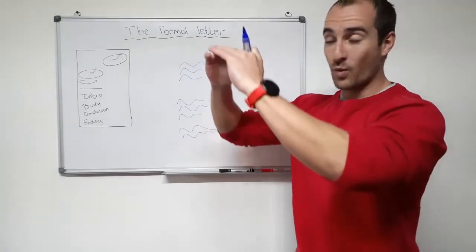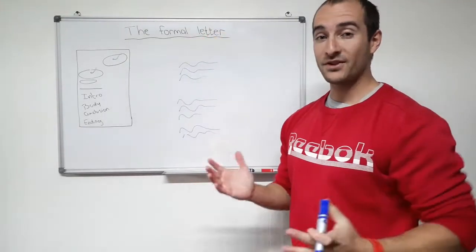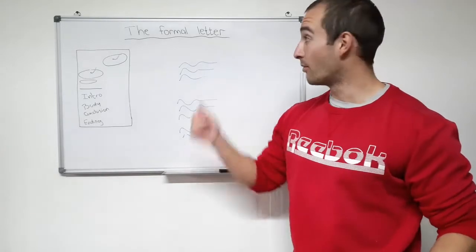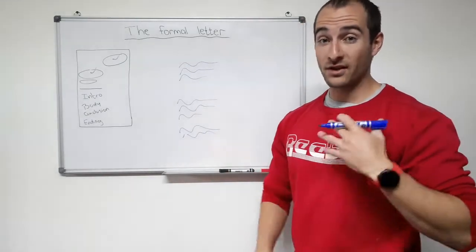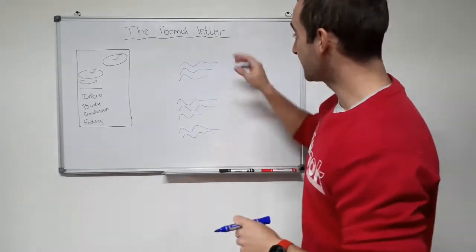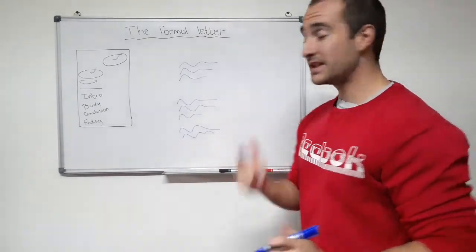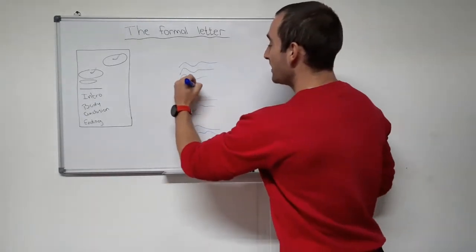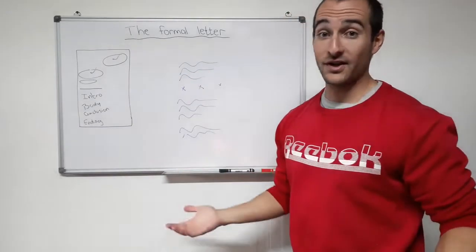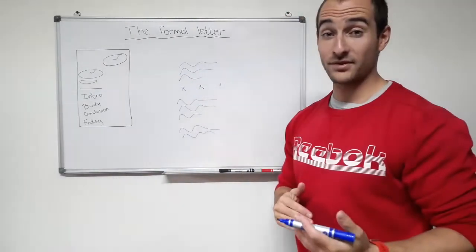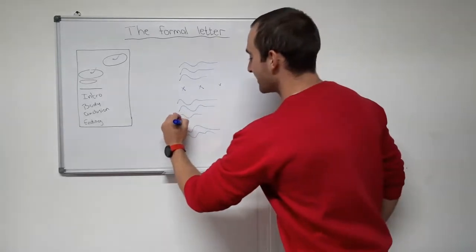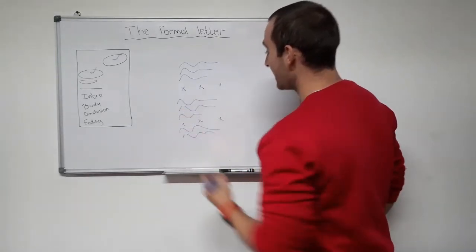You can't write one big blob. If you do that, there is no structure to your formal letter, and you'll be losing a lot of marks for structure. So you need paragraphs. That's the first thing. Secondly, always leave a line open in between paragraphs. Otherwise, how do you know where the paragraph begins or ends? It's a very simple thing, but still some mistakes are made.